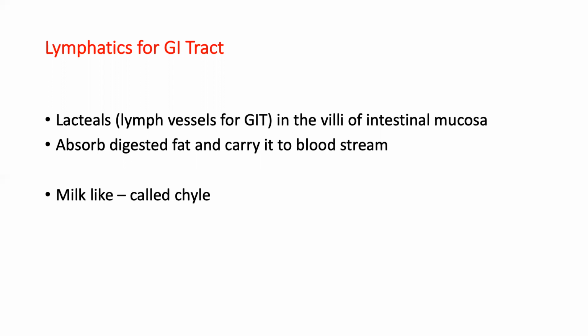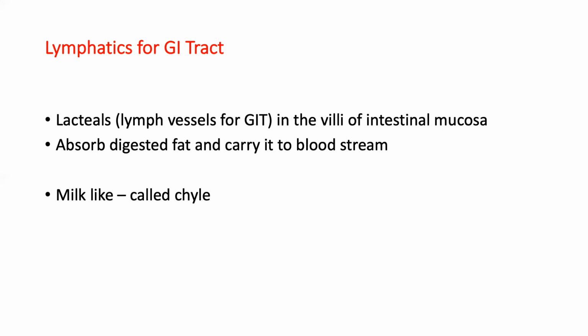They will absorb digested fat as triglyceride, and it will be carried into the bloodstream. So if we eat a fat-rich meal, it will be digested and absorbed from the intestinal mucosa villi, and as triglyceride, it will enter into the lymphatic system and be transported into the venous system.